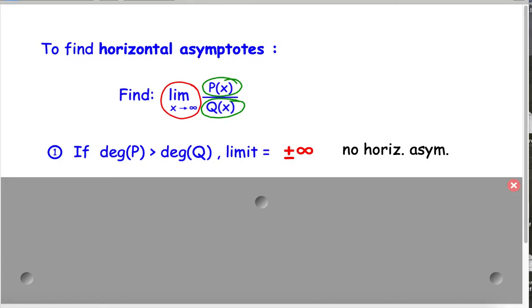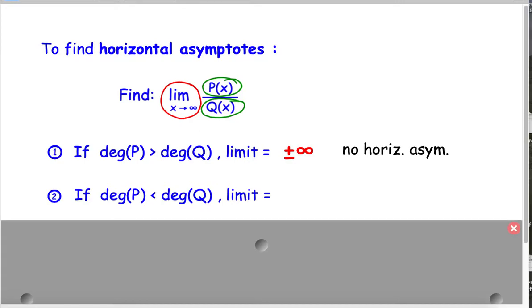All right, what's another possibility? Well, how about if we switch it? What if the degree in the numerator, the p of x, is less than the degree in the denominator?